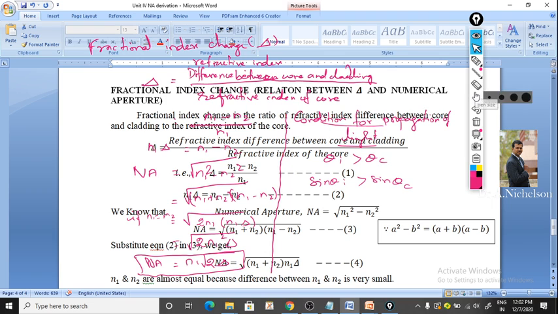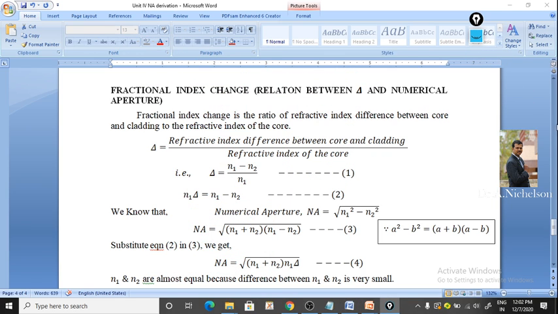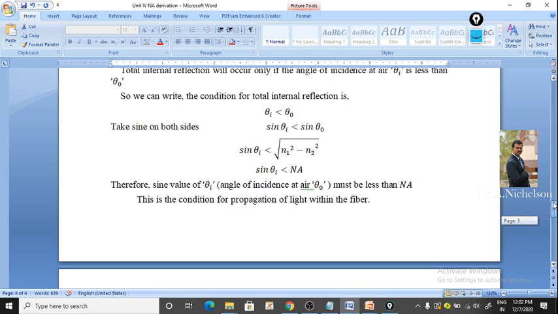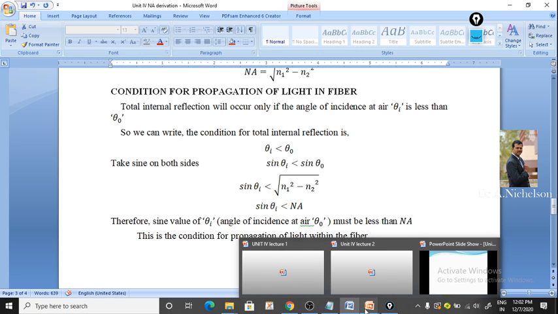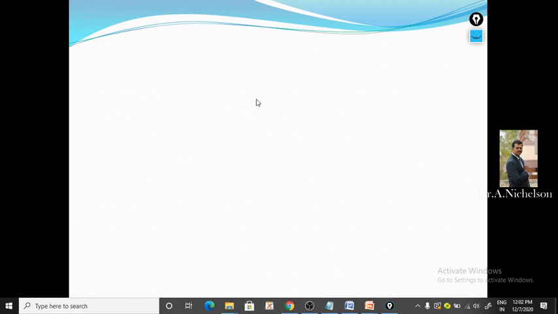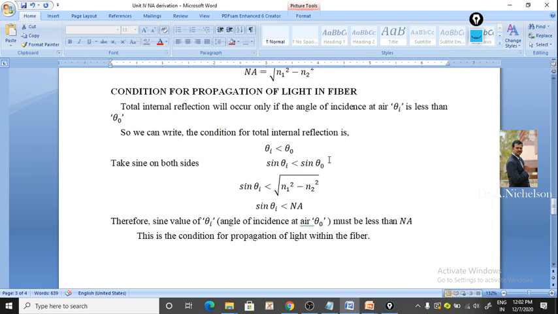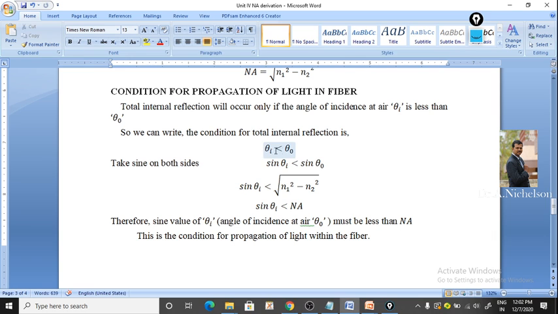Let me show the condition. Here it is, the condition for total internal reflection. Here the condition for the propagation of light in optical fiber is different: theta I is less than theta naught.